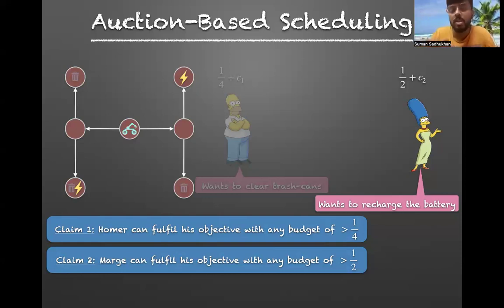That seems automatic, but that is what these bidding mechanisms guarantee, that you can always make sure that you bid according to your scheduling urgency. Your scheduling urgency is coming from your objective. It means that if the battery is low, then it's urgent for me to bid. She doesn't care whether there are trash cans which are also filled or not. It's urgent, so she bids enough so that she can take back the control.